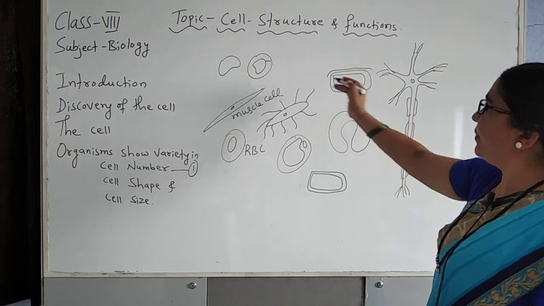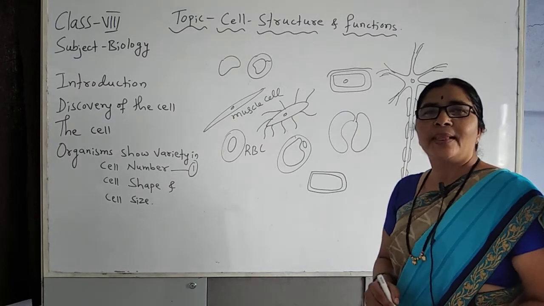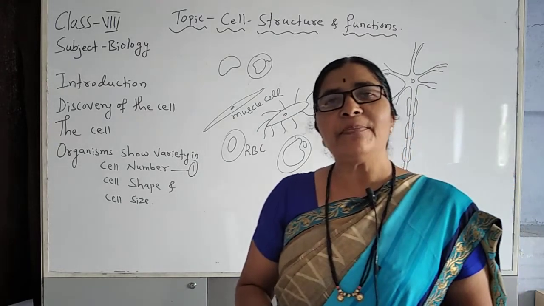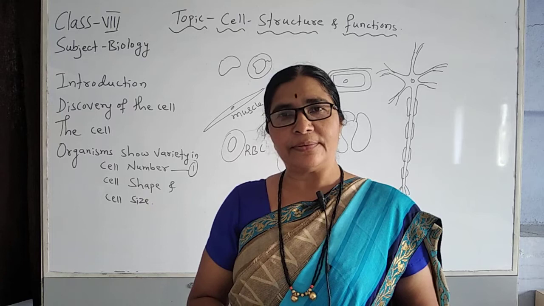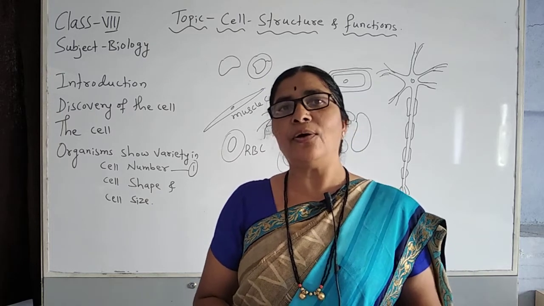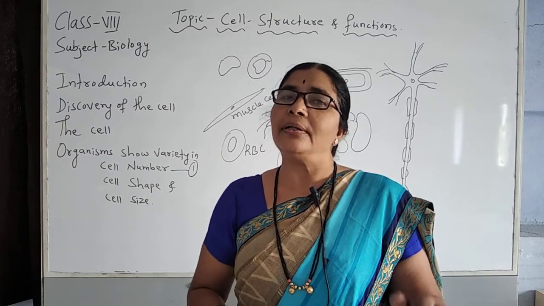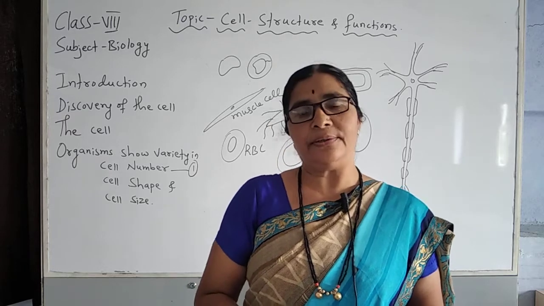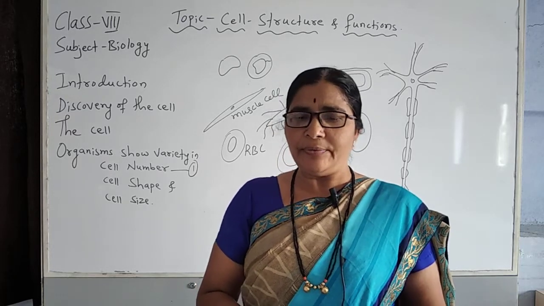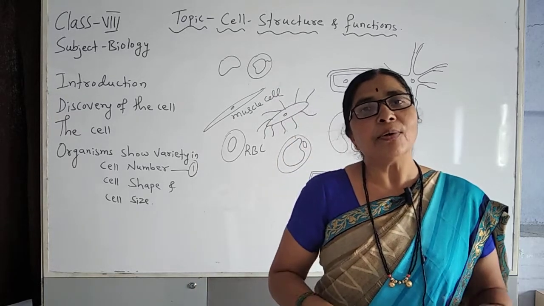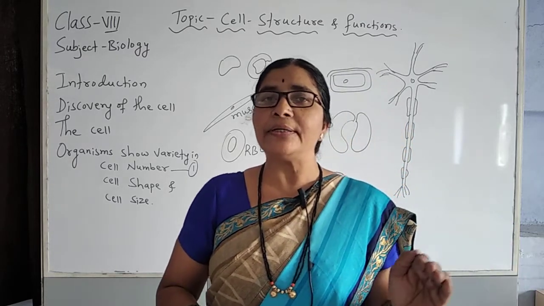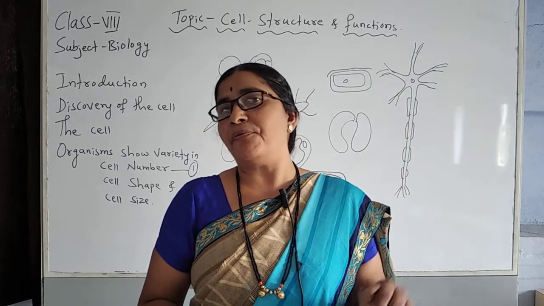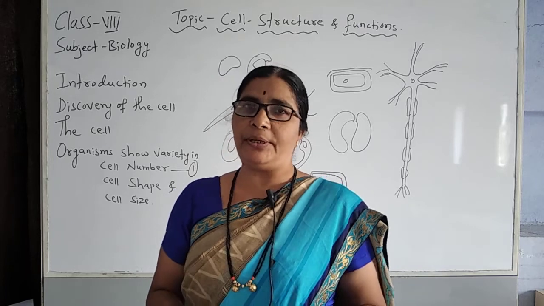You see different shapes of cells. Mainly, the shape depends upon the function of the organ it is performing. It's very important: whatever the shape, it totally depends upon the function it is performing.